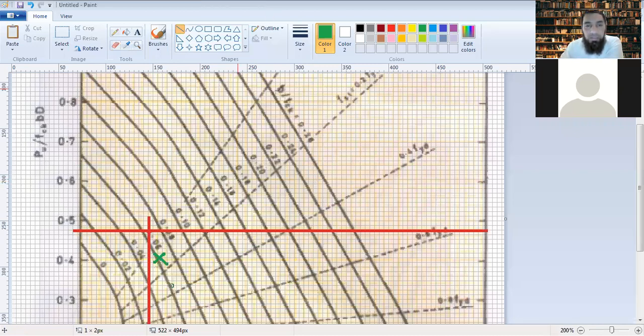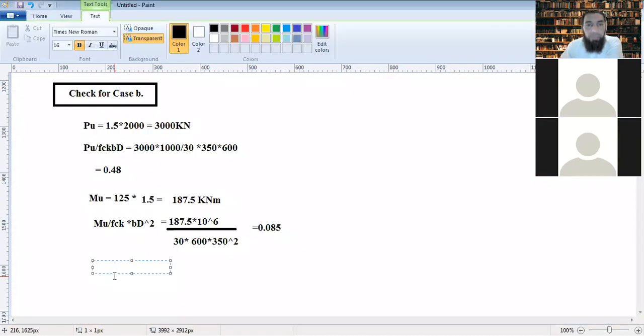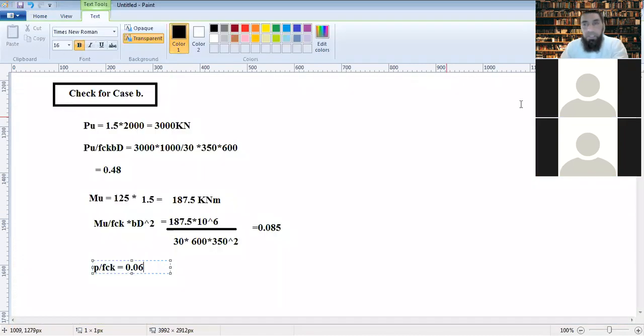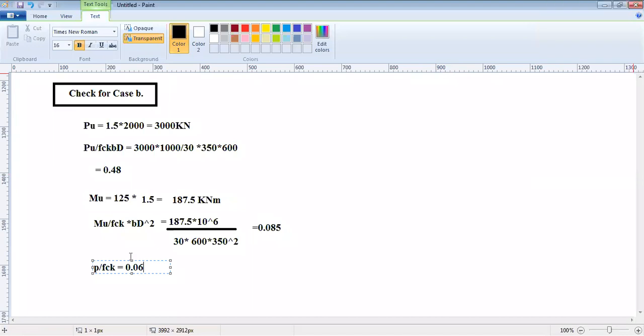So thereby your p by fck, where p is the percentage of steel, is 0.06. Now p is the percentage of steel. How do you calculate the percentage of steel?